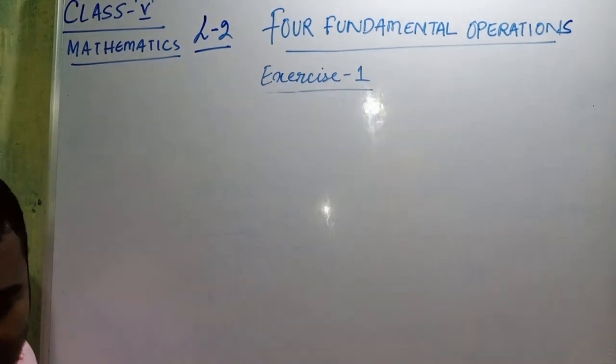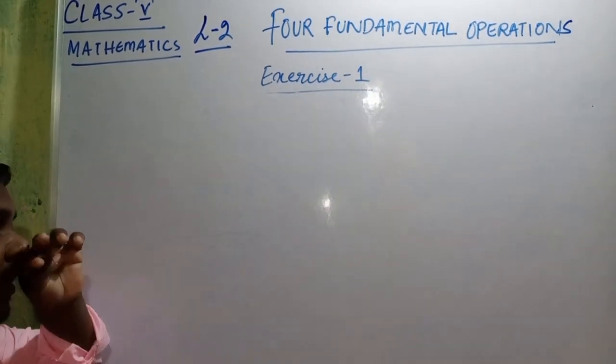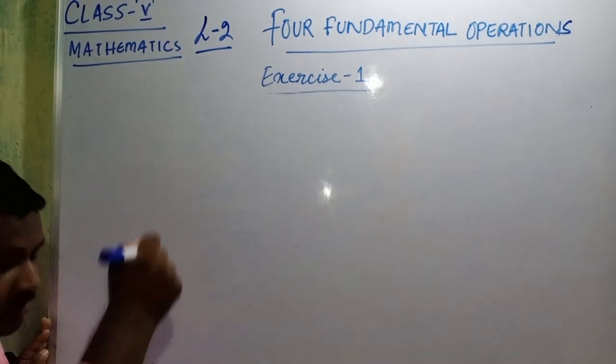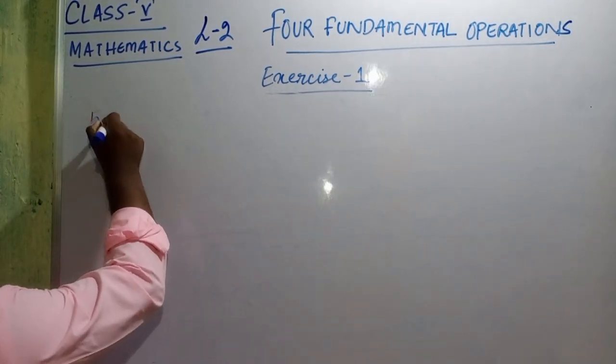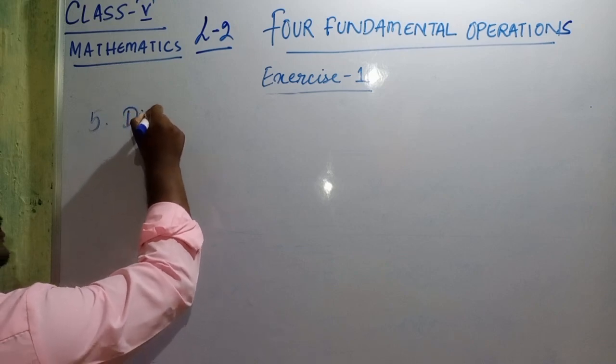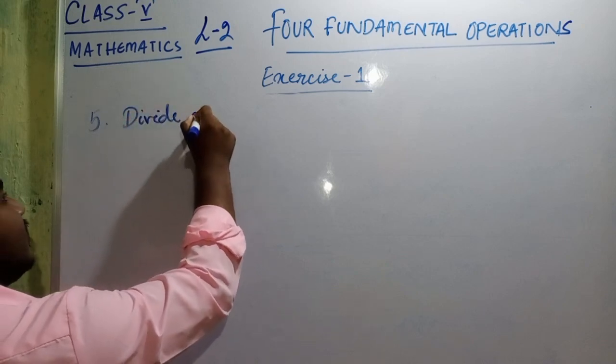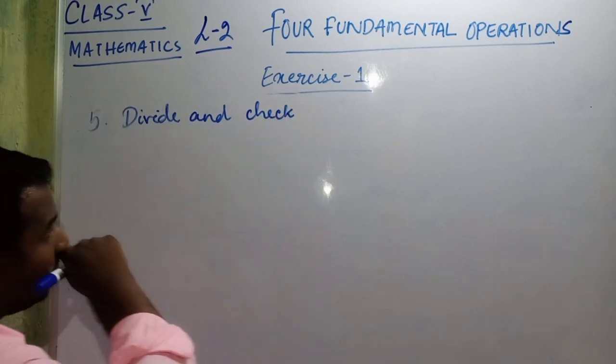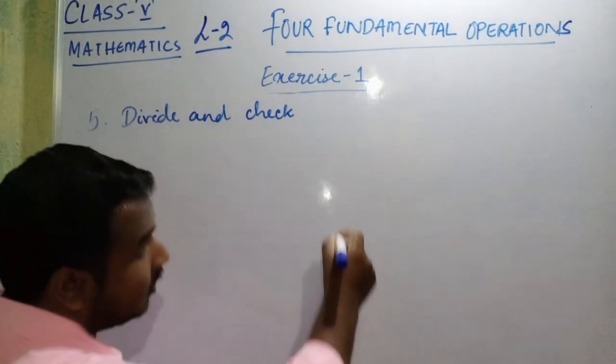You already did this in third class and fourth class. Again I am telling you, this is a revision of what you have studied. Fifth number: divide and check your answer.